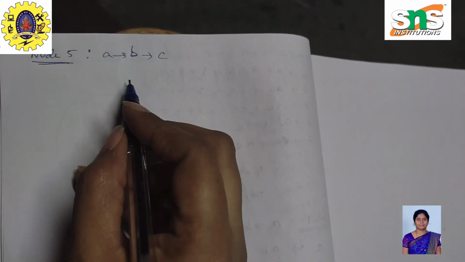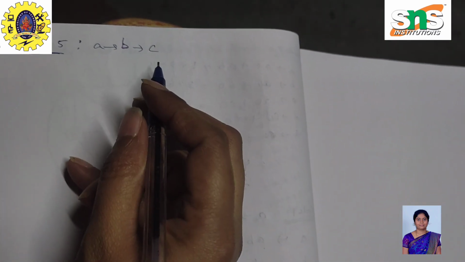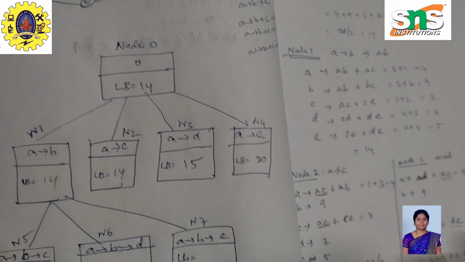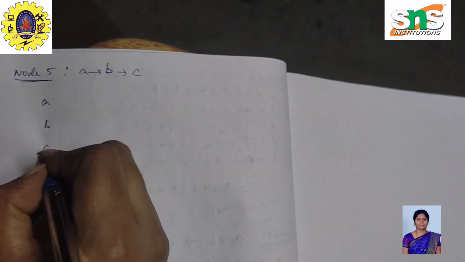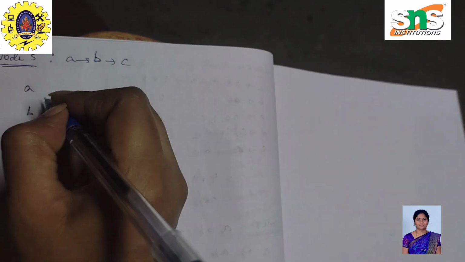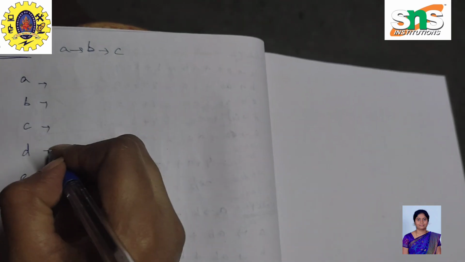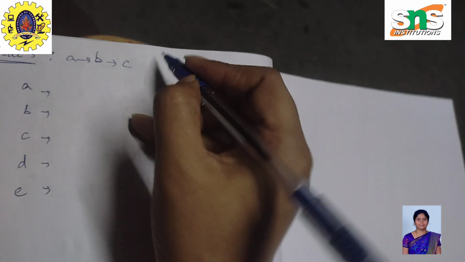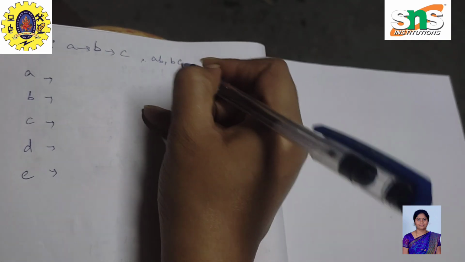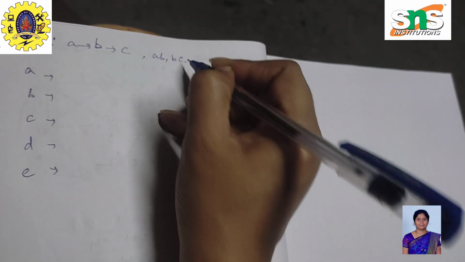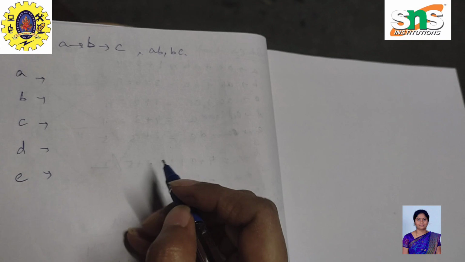So this is the node A to B and B to C. This is node 5, A to B and B to C. We are going to calculate that one. Here we have to write A, B, C, D and E. First, we can write this as AB, BC. These two combinations we can write.